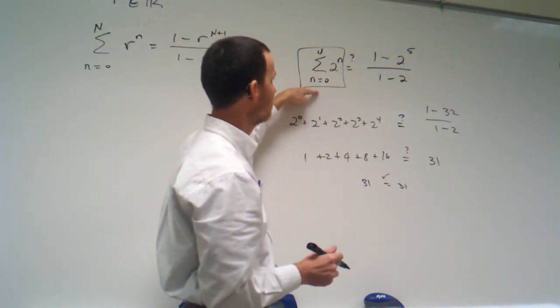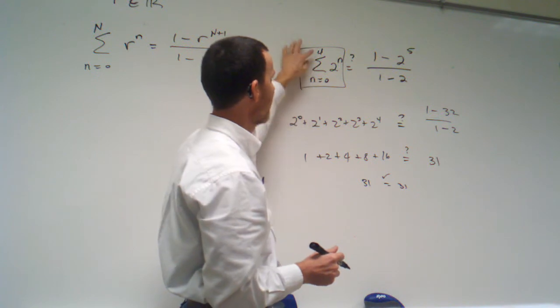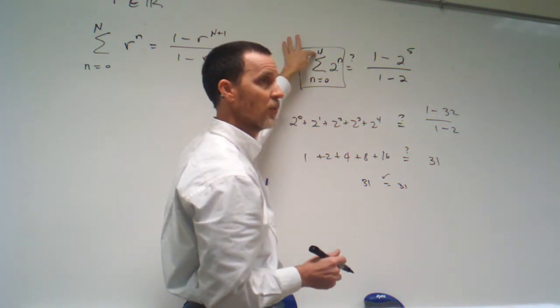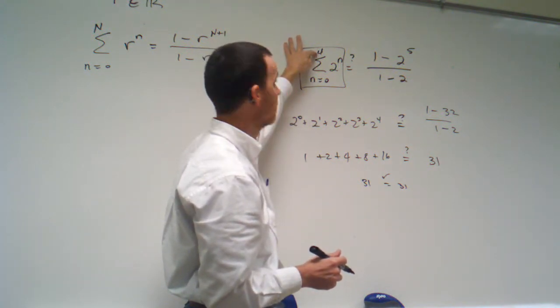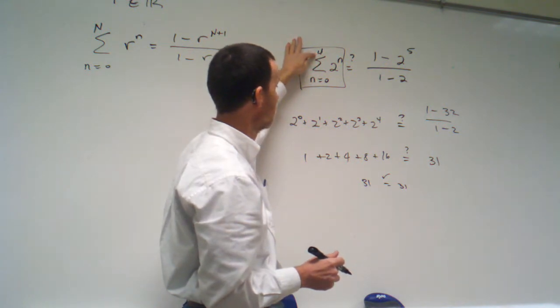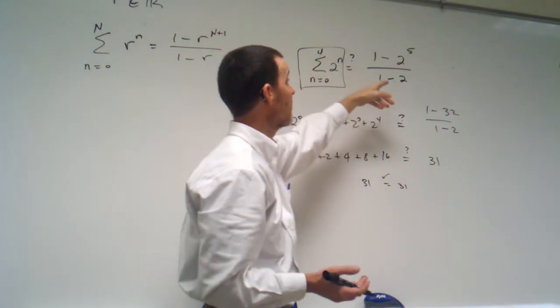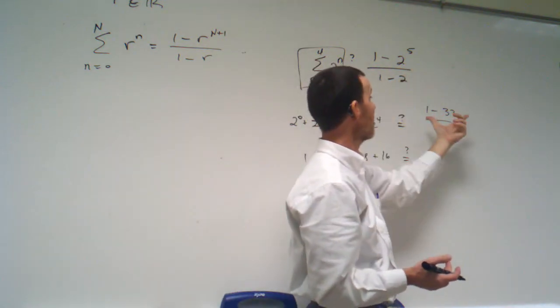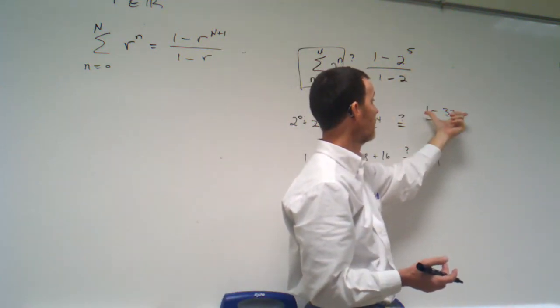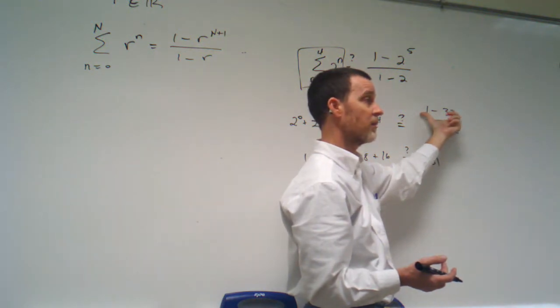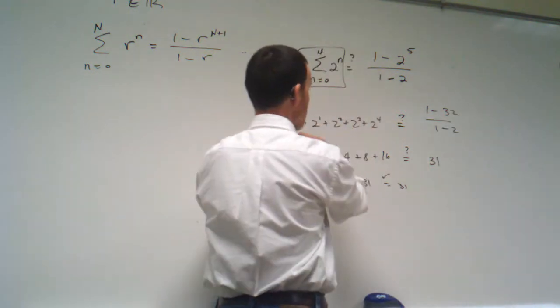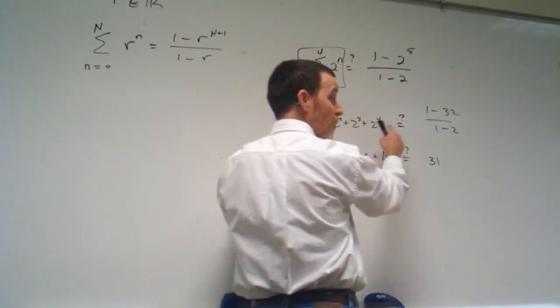What would I have gotten? What if I had gone to infinity? What would it have been? Yeah, you can think of it as infinity plus 1. What's 2 to the infinity? The top's going to be what? Huge and negative, right? And if you look at what the terms are, you're going to add up 2 to the 4th plus 2 to the 5th plus 2.